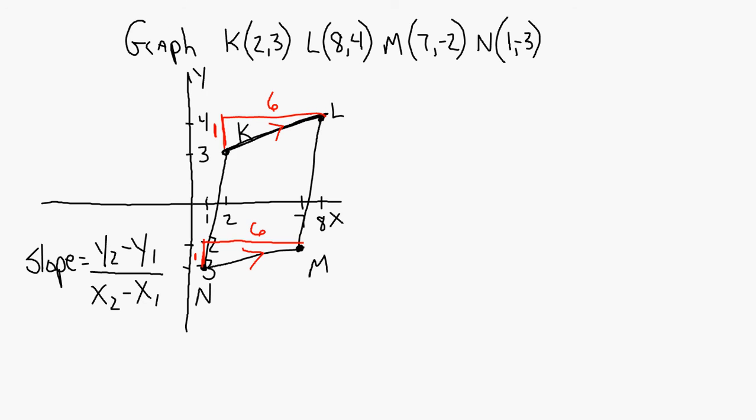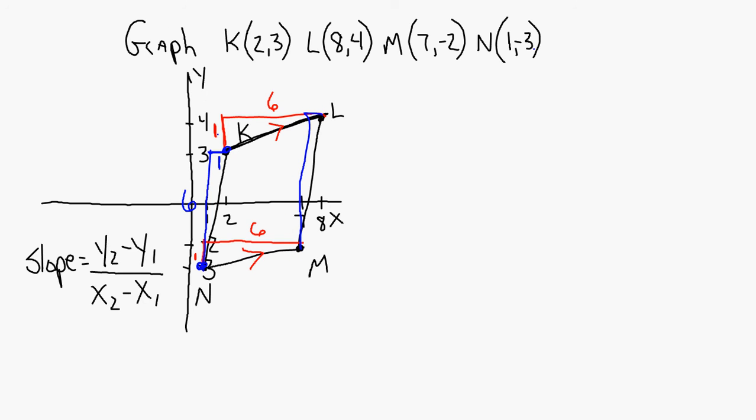Let's do the same thing for the vertical looking lines. All right. From this point N up to K, how many do we rise? We go from negative 3 to 3, so you rise 6 and we run 1. All right. And from M to L, how many do we rise?